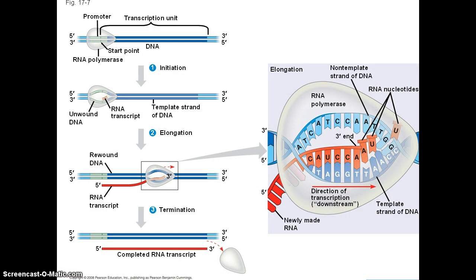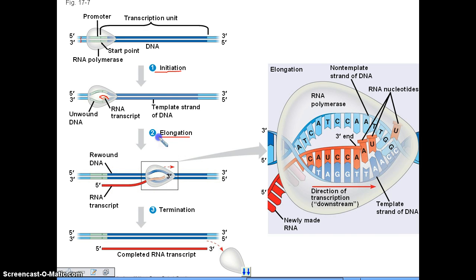So this is sort of a visual depiction from the book illustrating the events. So here's our double-stranded DNA, and here's the polymerase. The polymerase attaches to the DNA, and it separates the strands. That's the initiation part here. So we attach the DNA, separate strands. Then RNA polymerase starts to actually build the mRNA, or the RNA transcript, or primary transcript.